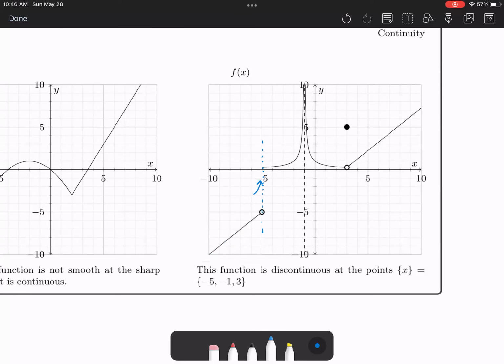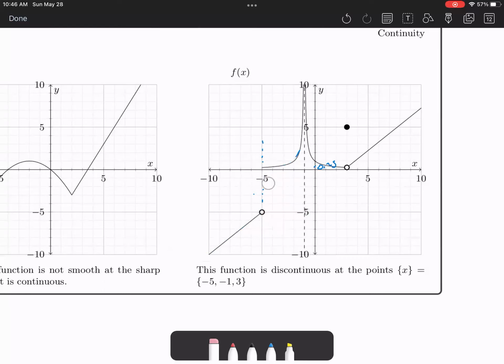The limit, first, doesn't even exist. As you approach from the left-hand side, you return -5. And as you approach from the right-hand side, you return, I don't know, maybe something like 0.25, right? The left-hand and the right-hand side do not return the same thing. Therefore, the limit does not exist.